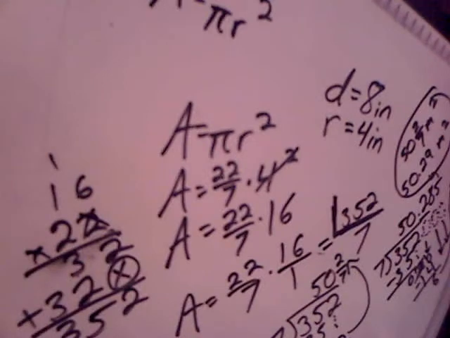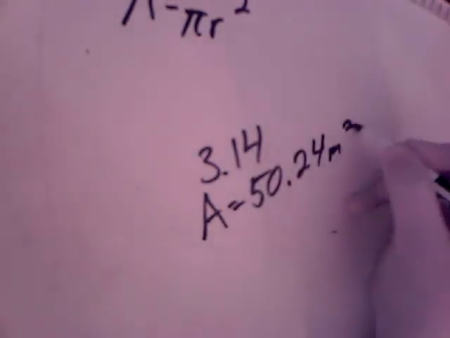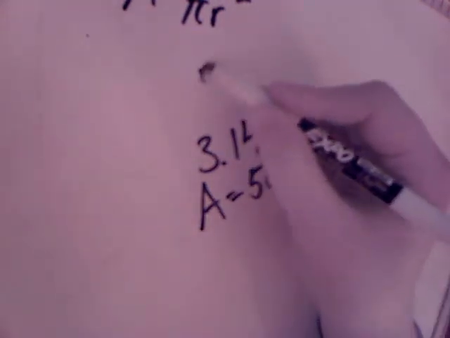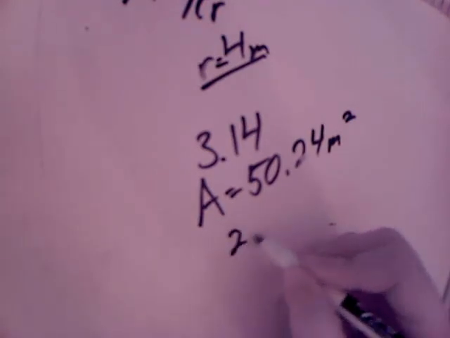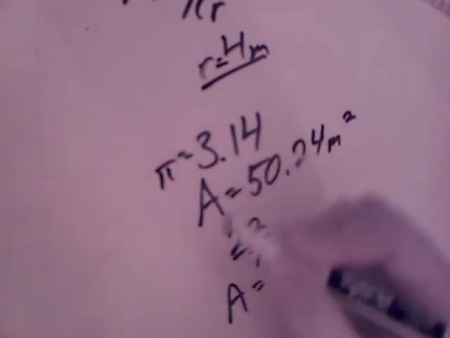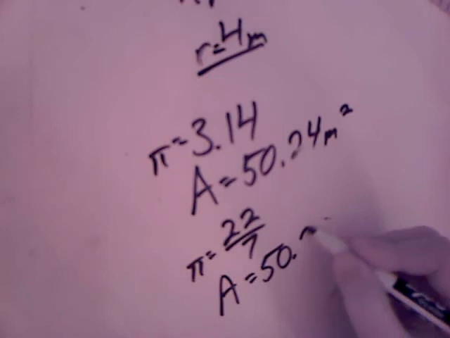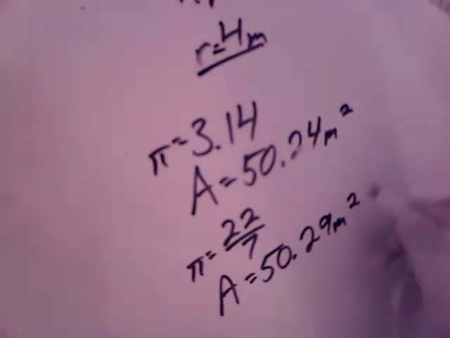Now, if you remember from the first problem, when we used 3.14 for pi, our area was 50.24 meters squared, and the radius was 4. When we used 22/7, our area was 50.29 meters squared.